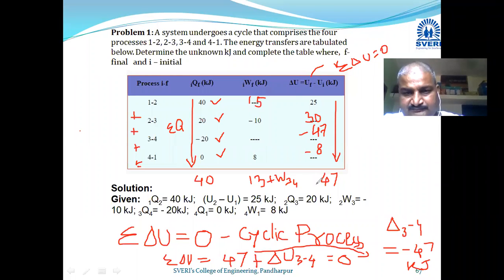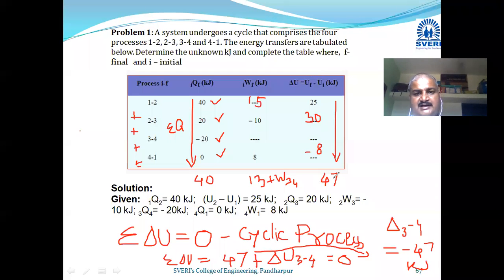Everybody understood it? Yes sir. कभी भी डेल्टा यू का टोटल समेशन आप लेंगे तो it must be equal to 0 होना चाहिए. And now that will be equal to 0 when you put it as a minus.